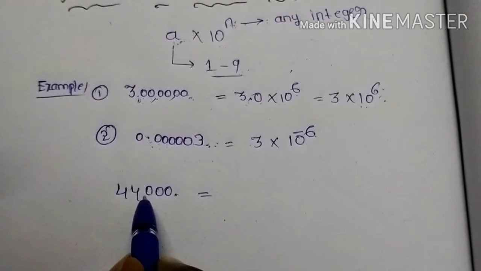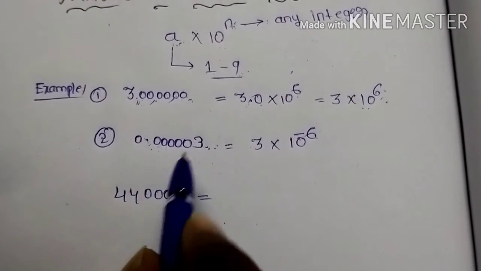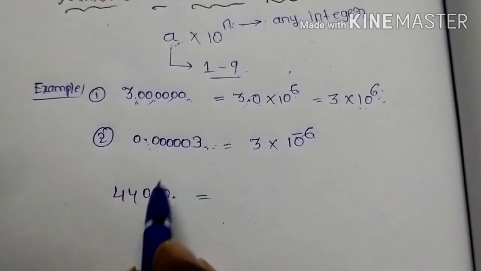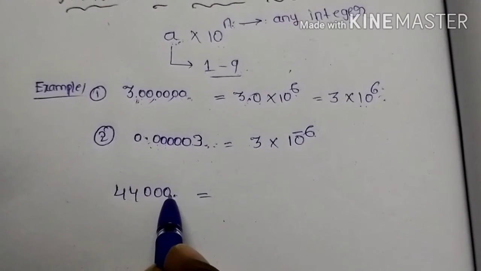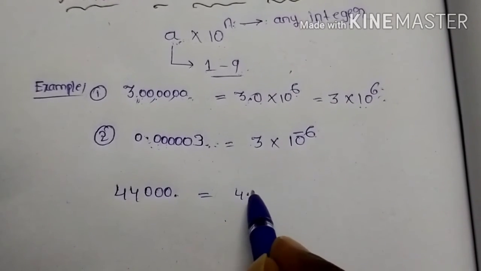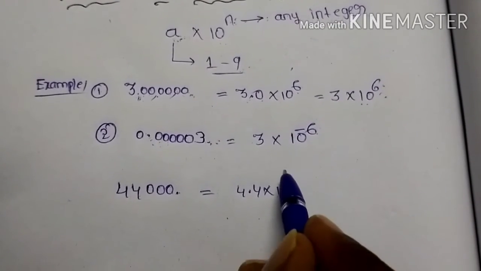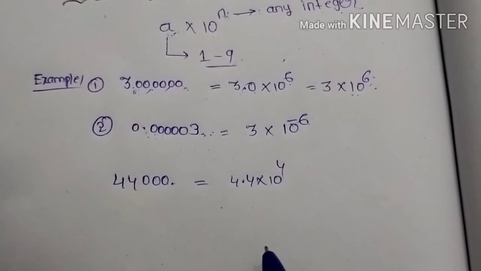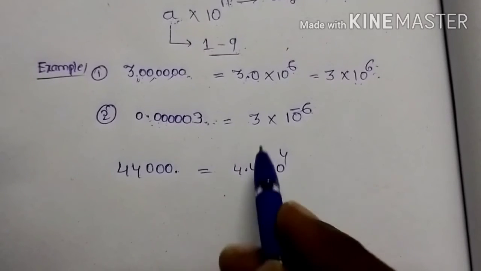Don't keep 44 point. Why? Because that is not in standard form. You need to remember 1 to 9 only. That means you can keep it up to here, 1, 2, 3, 4. That means you will get 4.4 into 10 power 4. This is your solution. Very, very easy problems.